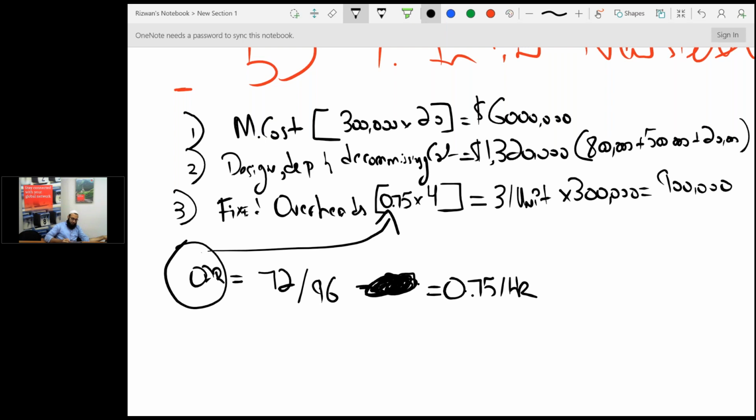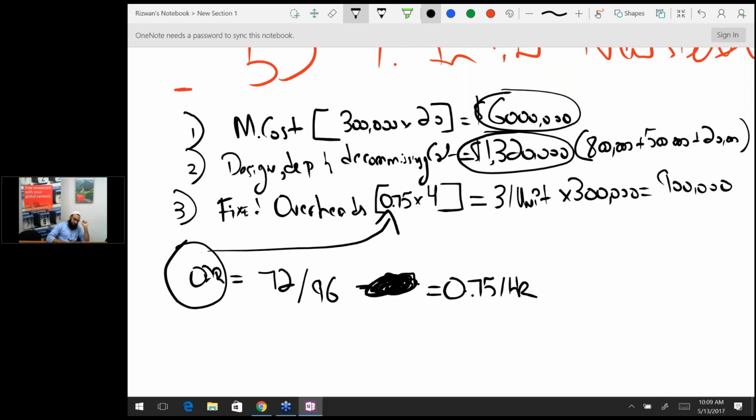Got it? So if you add all three, 6 million, 1.3 million, 900,000, you get a total life cycle cost of 8,220,000.